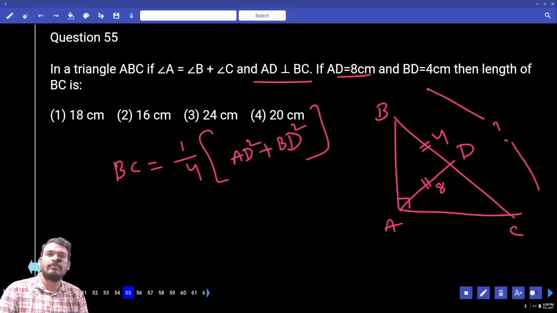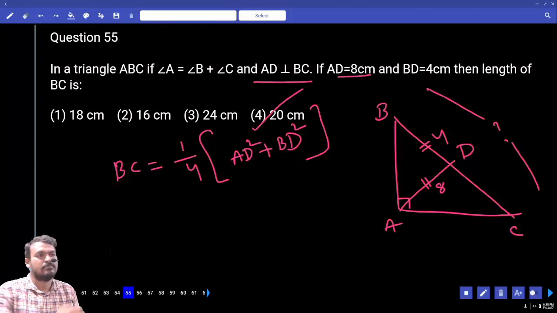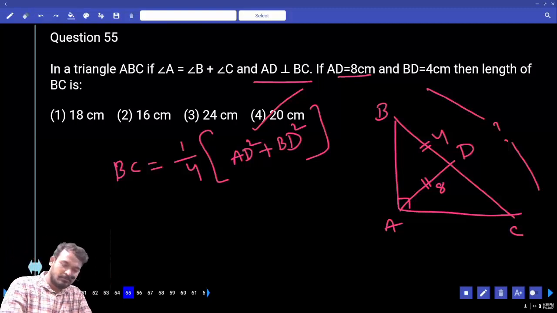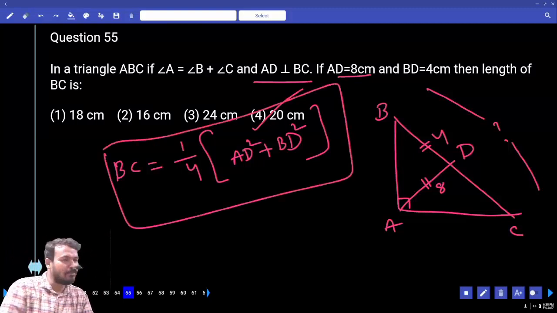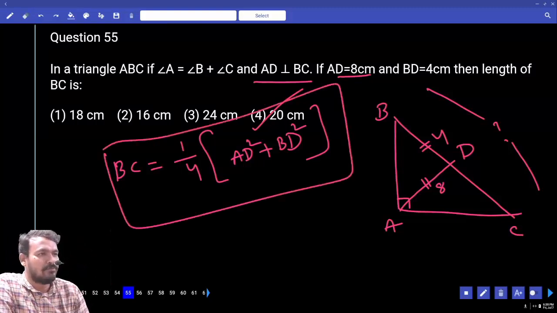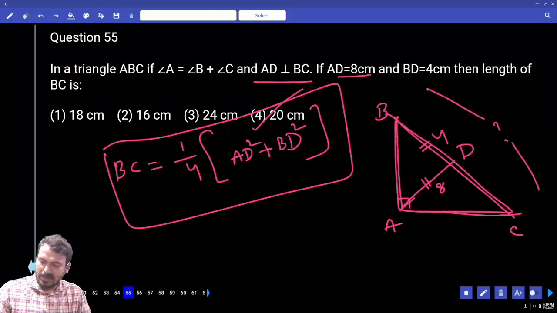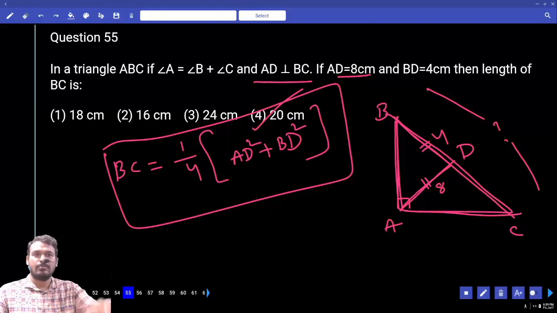What is the 1/4 of 80? 20. Normally if we simplify that one, we get the same answer. But for this type of questions we use the direct formula, that is BC equal to 1/4 of AD square plus BD square. Normally one is a larger triangle, another one a smaller triangle. Okay, if we simplify that one, we get the same result.